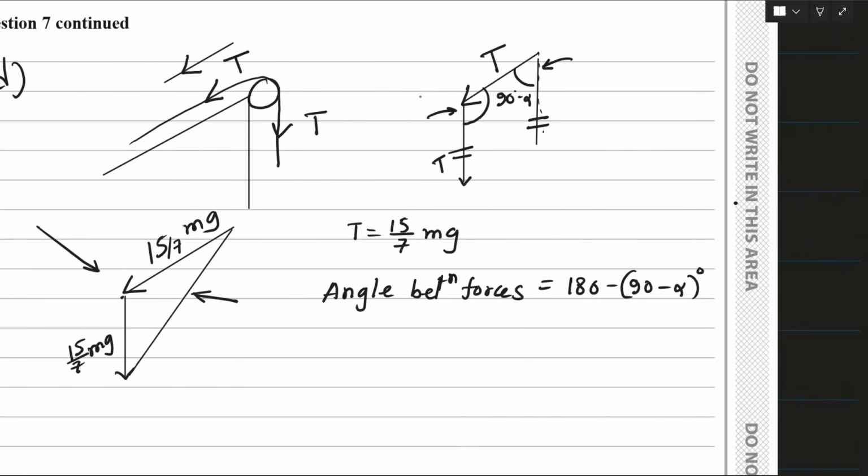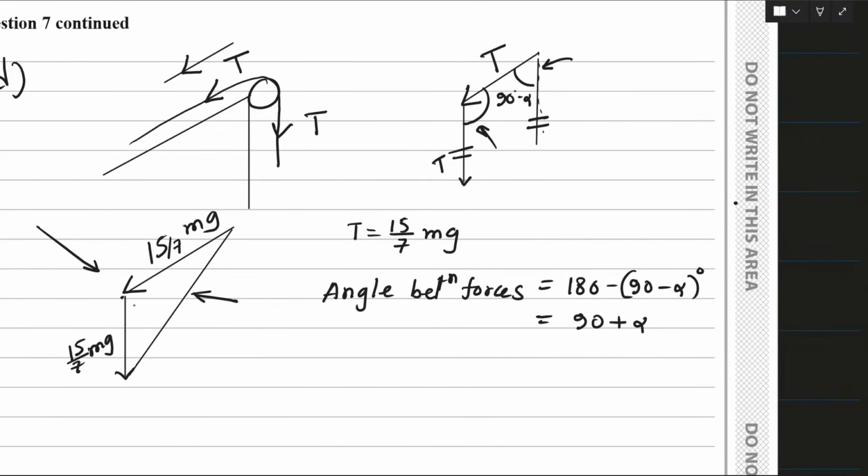We know that when two angles are allied angles, adding them gives us 180 degrees. So if I want to find one of the angles when the other angle is given, I can subtract the other angle from 180 degrees, and that gives us our required angle. Simplifying this, we get 90 plus alpha as our required angle.